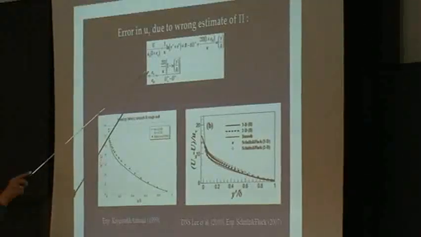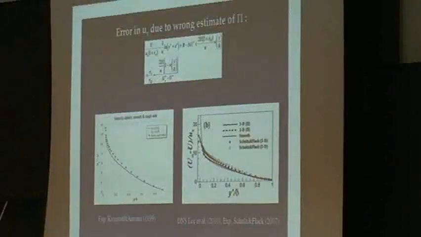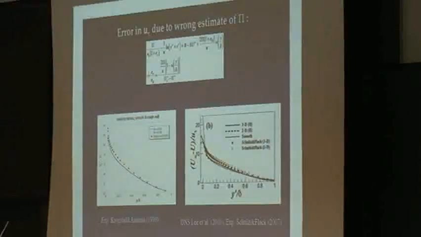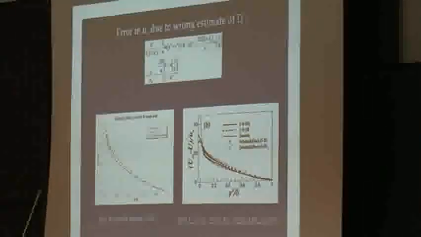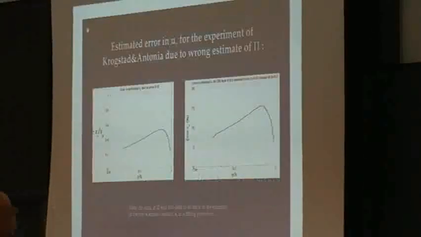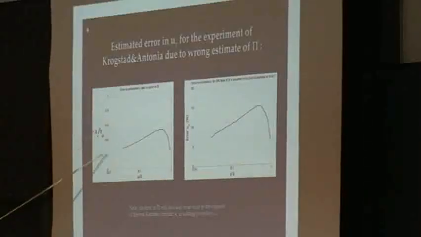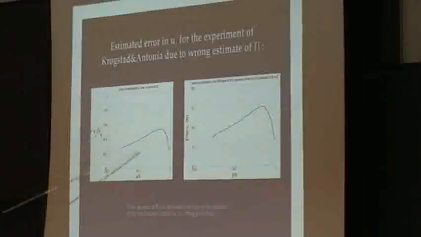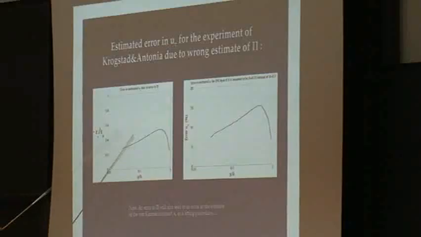And you can see what the ratio between the two uncertainties is going to be. That's what I plotted in the next plot here. The ratio is going to be somewhere between 0.4 and 0.5.